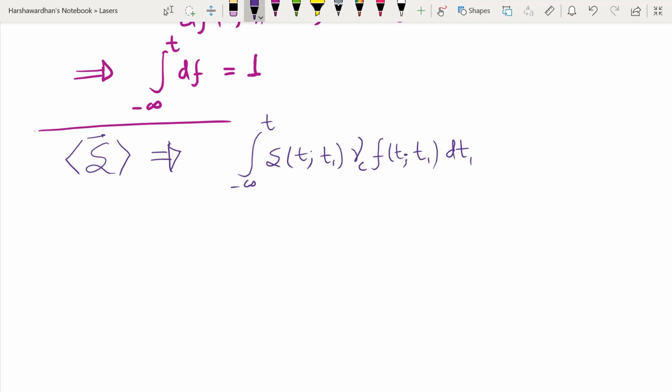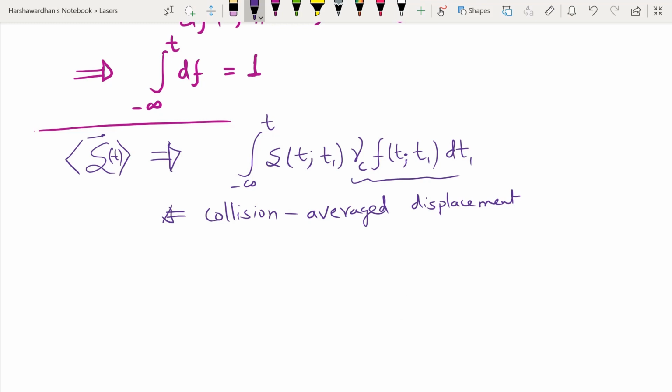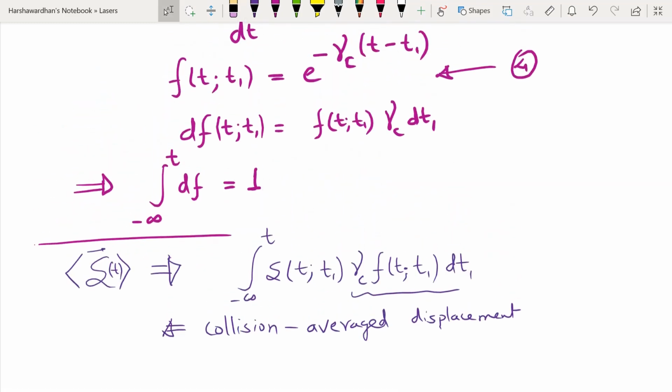What I have done here is basically I'm calling it now the collision averaged displacement. So this quantity basically gives me an S average of t. Is that okay? I've integrated over dt1, which is the occurrence of the collision, and we have integrated with respect to this distribution function, which is the same as this distribution function.